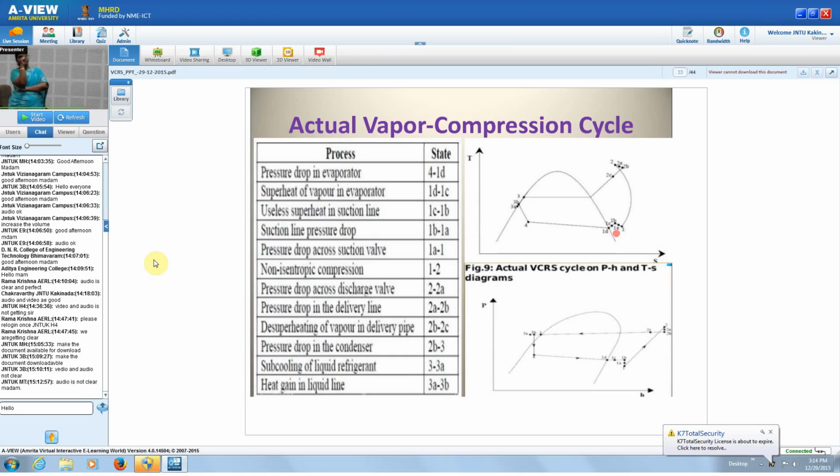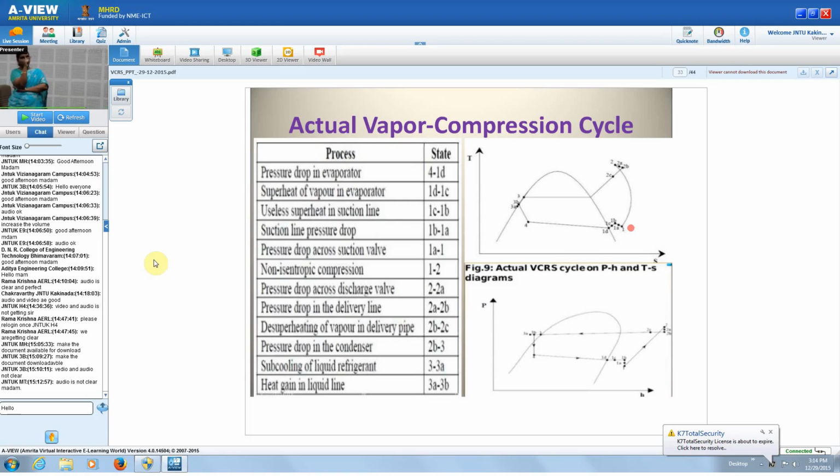Then 1A to 1 is again a pressure drop across the suction valve. That suction valve will open only when the pressure at the inlet of the compressor is lower than the actual pressure.